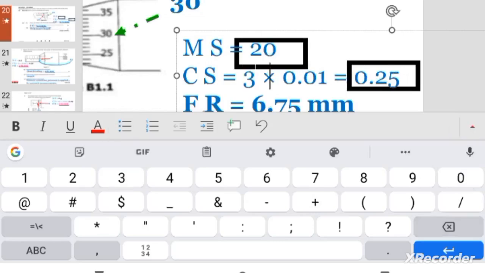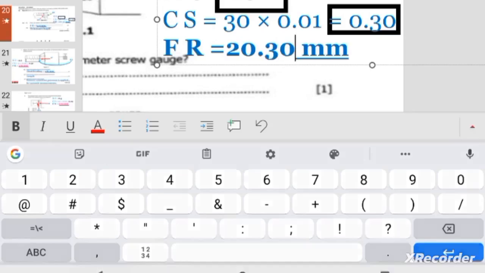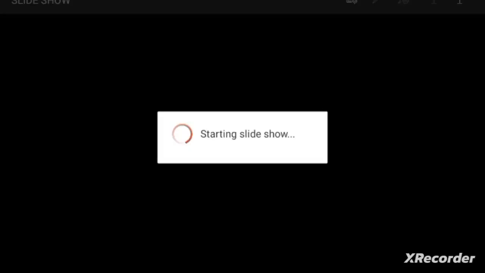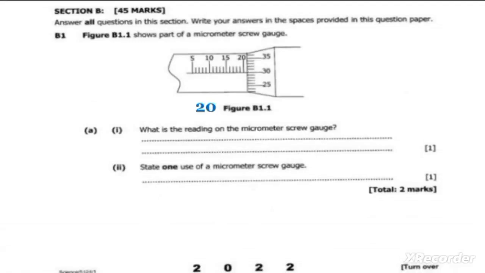Then we are going to get 20.30. We are now good to go. We can continue presenting.